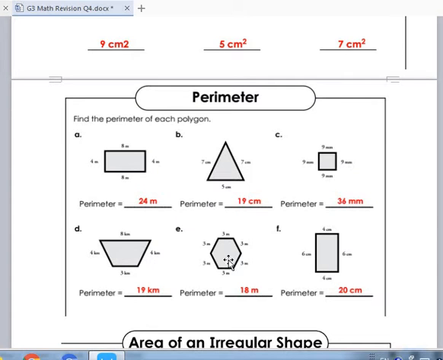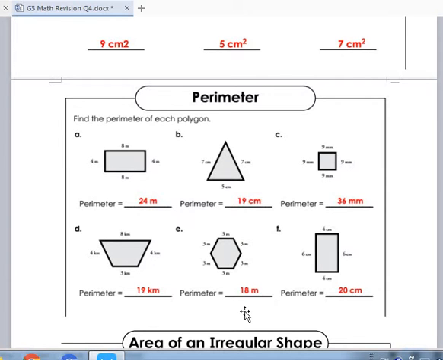Okay, and so on. What is this shape? Remember with me: 1, 2, 3, 4, 5, 6 sides. Yes, hexagon. Again, 1, 2, 3, 4, 5, 6 sides. So the perimeter is the sum of all sides, 3 plus 3 plus 3 plus 3 plus 3 plus 3, or 3 times 6, because I have 6 equal sides.